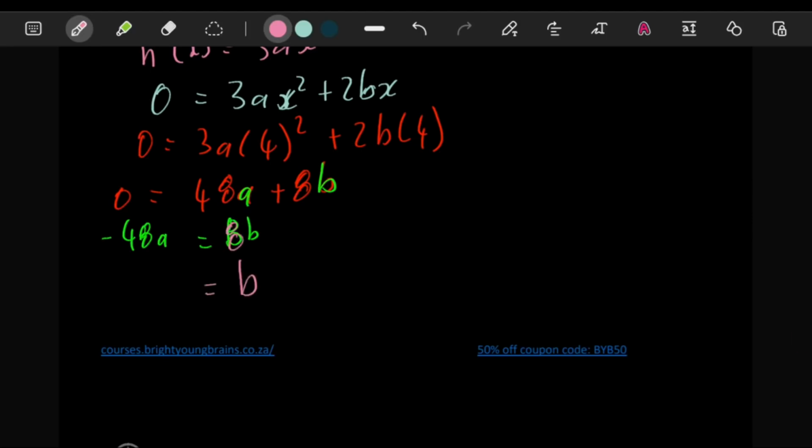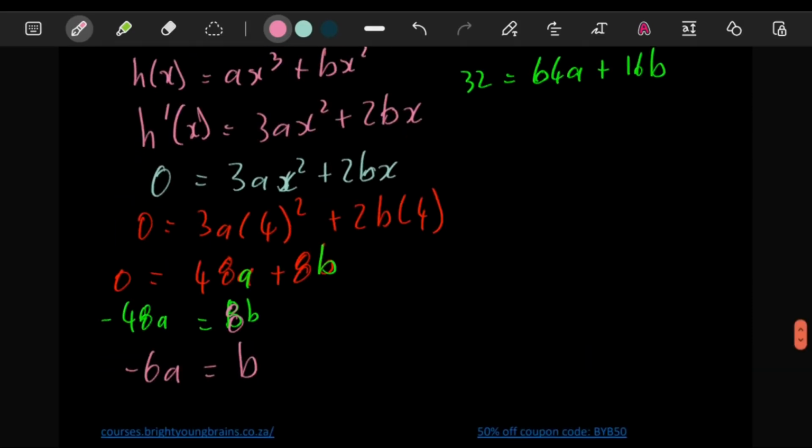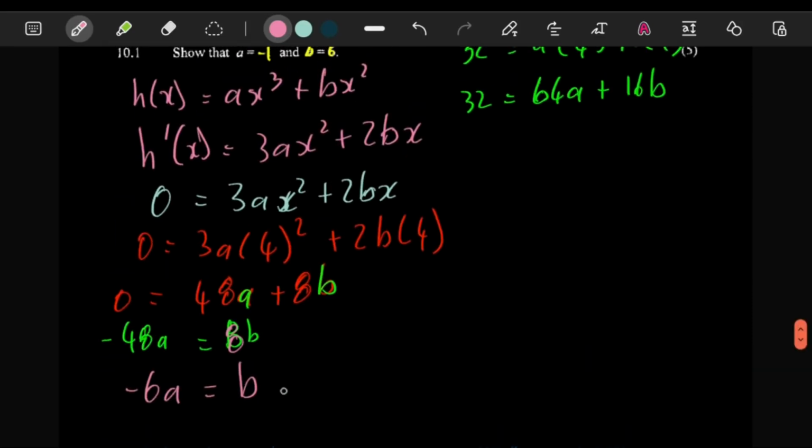Your b value is what now? What is 48 divided by 8? It's 6, so it's negative 6a. So this is b.